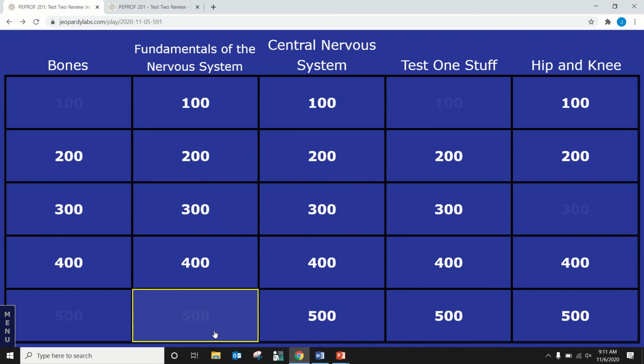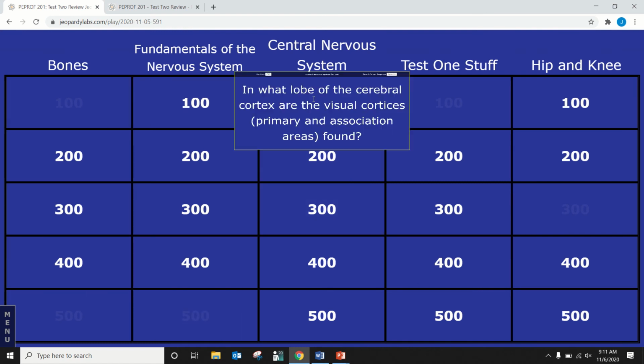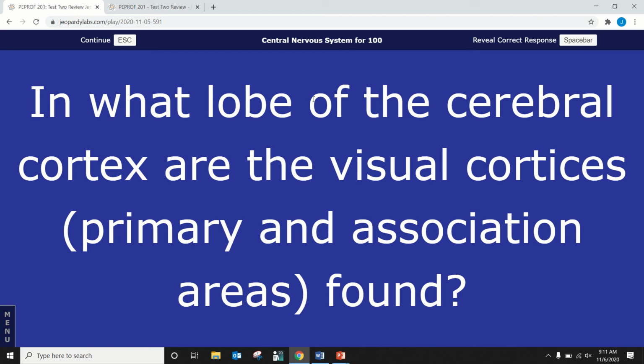All right, Jack, what do you want to go with? All right, in what lobe of the cerebral cortex are the visual and association areas? So where is visual input processed in the brain? What's that? Yeah, it's occipital. Good. Yep.